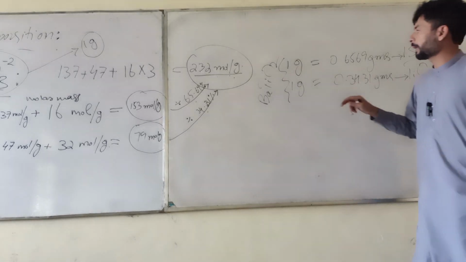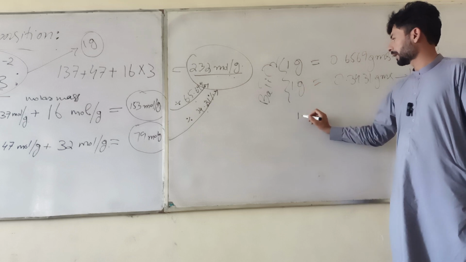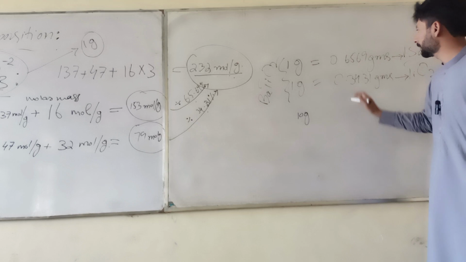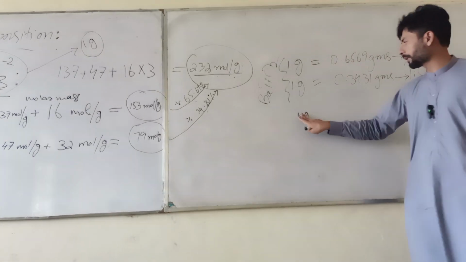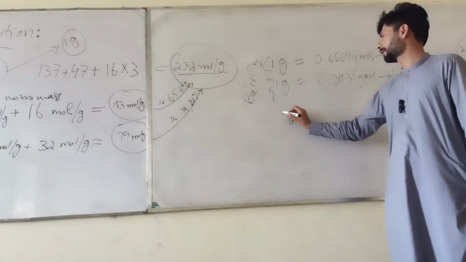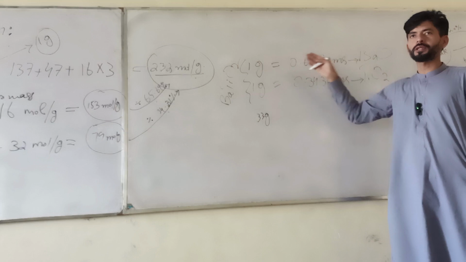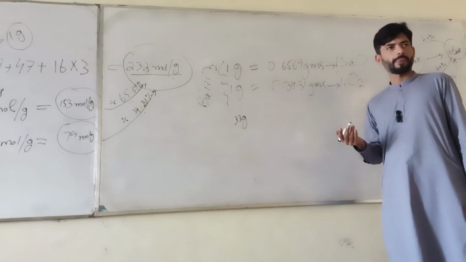For example, if my requirement is, let's say, 10 grams, then just multiply this figure by 10 and this by 10. If my requirement is, let's say, 33 grams, then multiply this side by 33 and this side by 33. It is very easy.